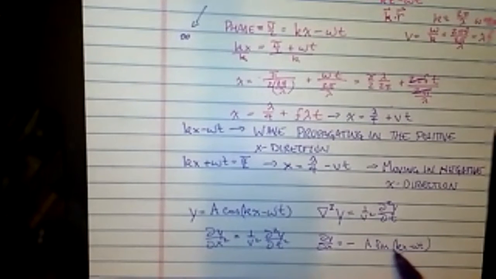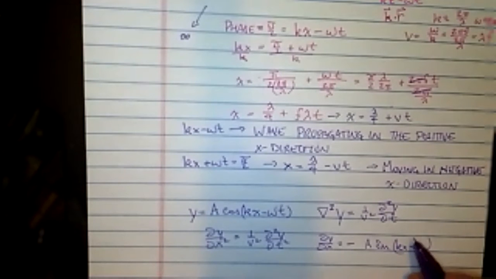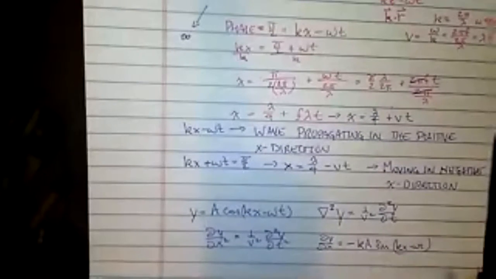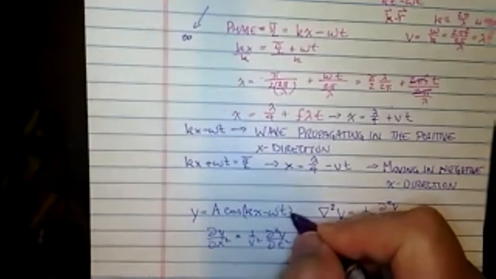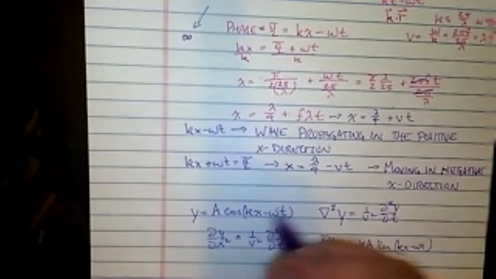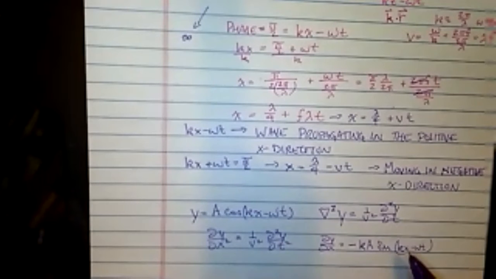And of course, now I've got to take the derivative of u with respect to x. So u being kx minus omega t, then du dx would be k. So I get negative ka sine kx minus omega t. Really, I could put a plus phi in here to make it fully general. It would apply, but don't worry about it. It's not that big a deal.